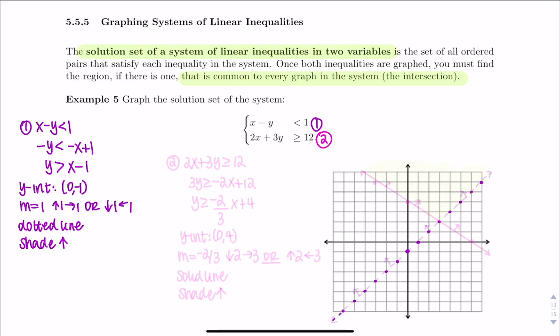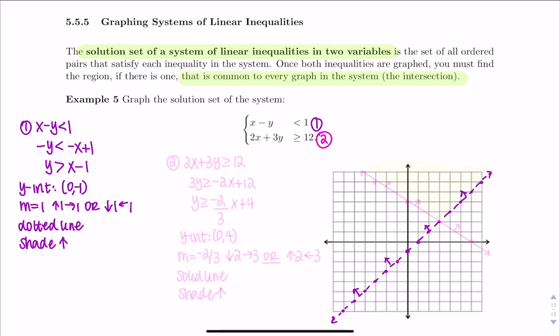We have a dotted line. And we're just going to use some arrows to indicate where we'll shade so we can figure out the intersection. And so in this case, we're going to shade above, just to let us know, and then we'll be looking for their common place.